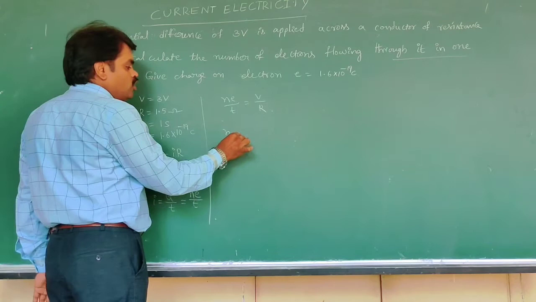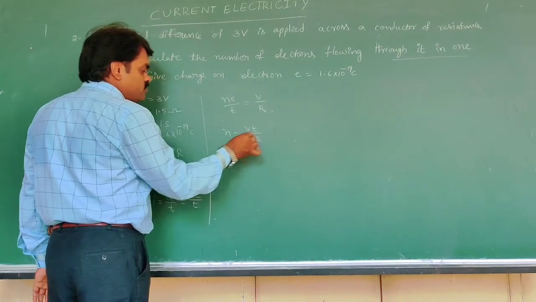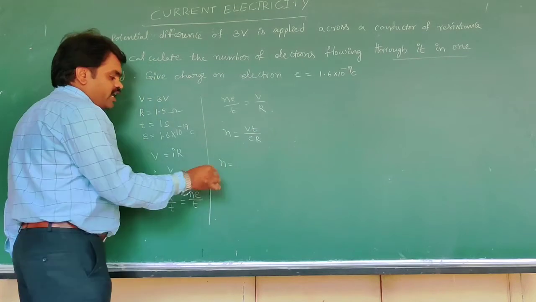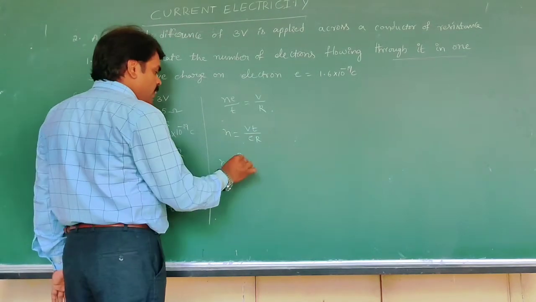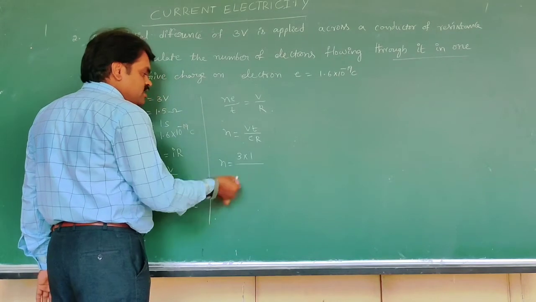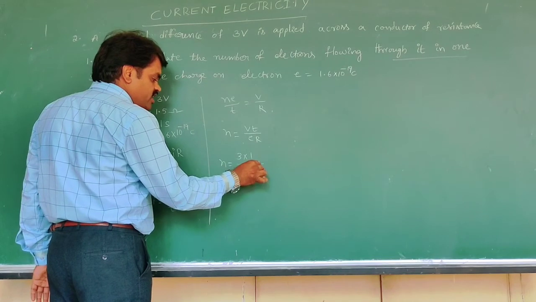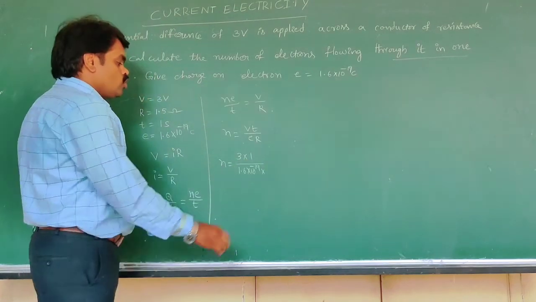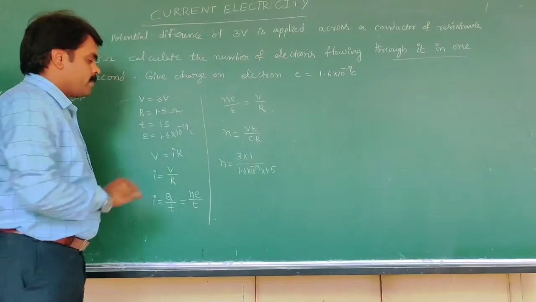That's why n can be written as Vt by eR. Now n is equal to V value 3 volts, time 1 second, e 1.6 into 10 to the power of minus 19, into R value, resistance 1.5 ohm.